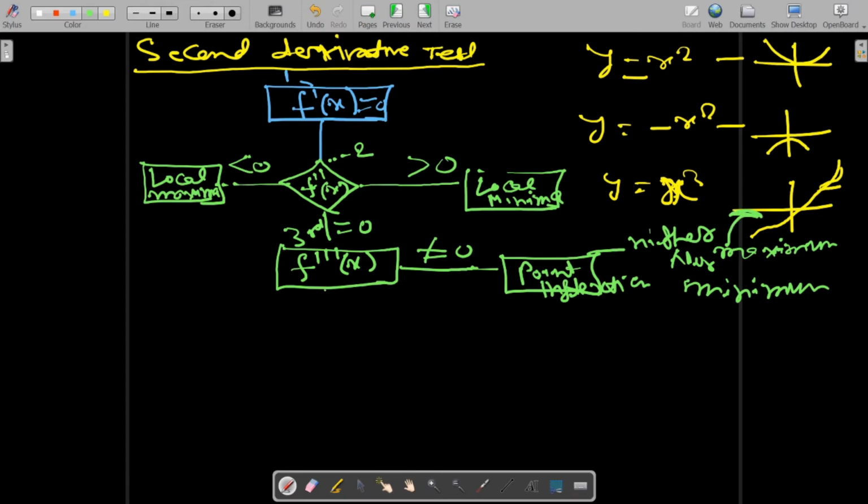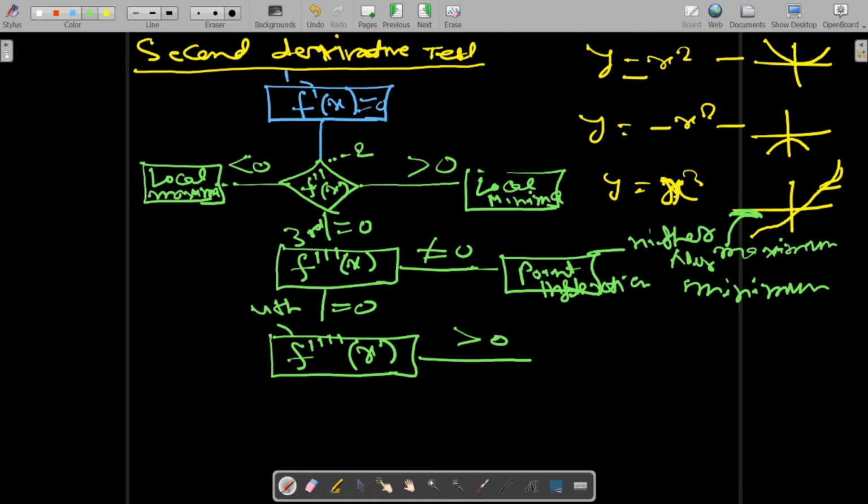If this third derivative is giving 0, then perform the fourth derivative, f 4 times, and check if it is greater than 0 or less than 0.